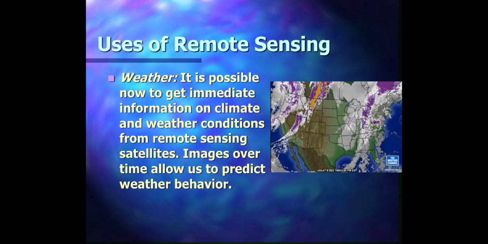All the cloud formation is captured by the satellites, and according to those images, they predict the amount of water and the amount of cloud formation. According to that they calculate the pressure head, and according to that pressure head and the wind direction they predict the weather formation. So climate and weather conditions are monitored by remote sensing satellites.